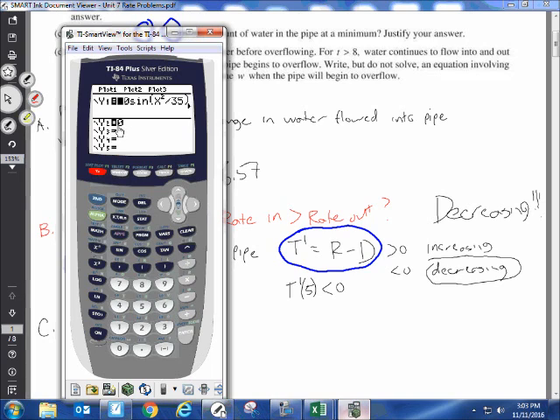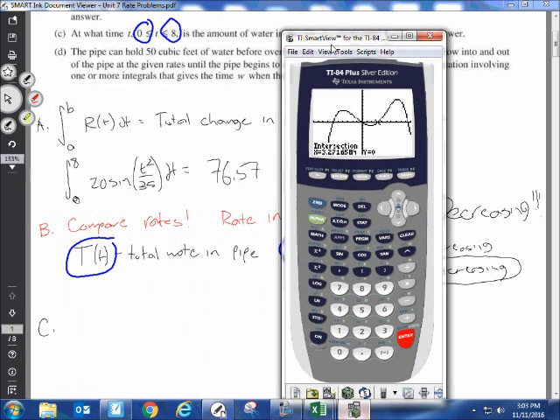Right? We there? And you got R minus D here. Okay? So we're going to go to second calc, and we go to intersect to find the time when your y is 0. You go enter, enter, enter, and it gives you the value. First curve, second curve, third curve. Are we comfortable with that?